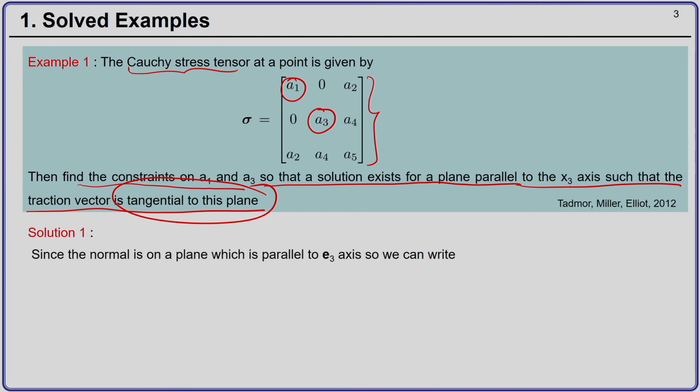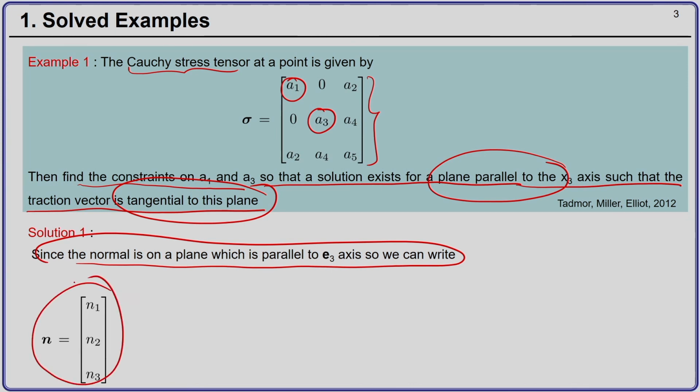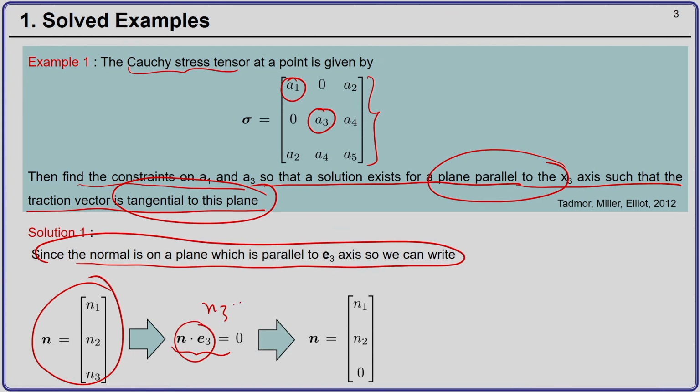We have been given that the plane is parallel to the x3 axis, which means the normal n, with components n1, n2, n3, satisfies n dot E3 equal to 0, which means that n3 will be equal to 0. So my normal vector will be of the form n1, n2 and 0. n1, n2 are still unknown, that we need to find out.